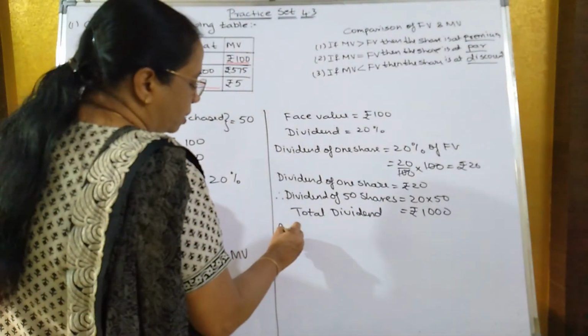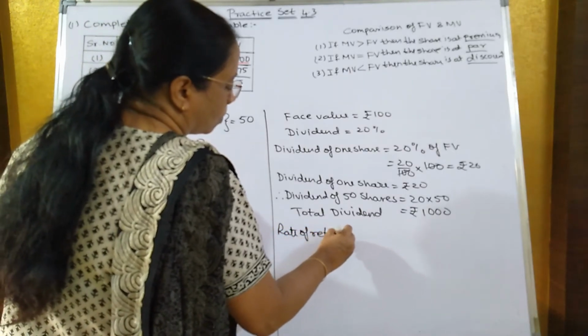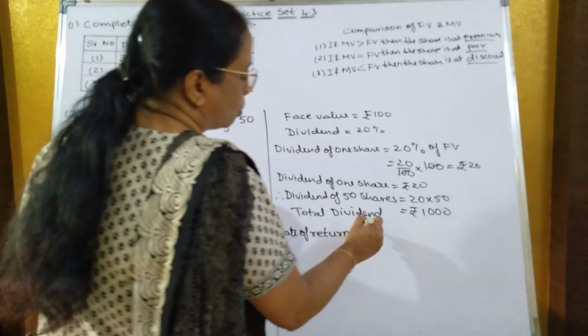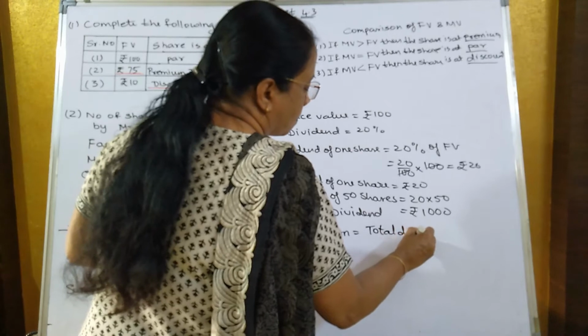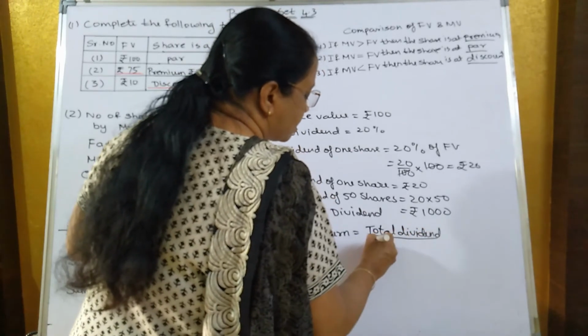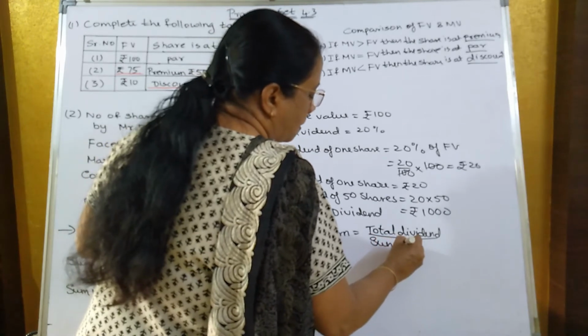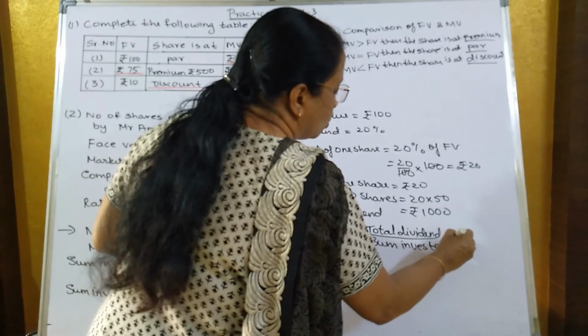Rate of return is equal to total dividend divided by sum invested into 100.